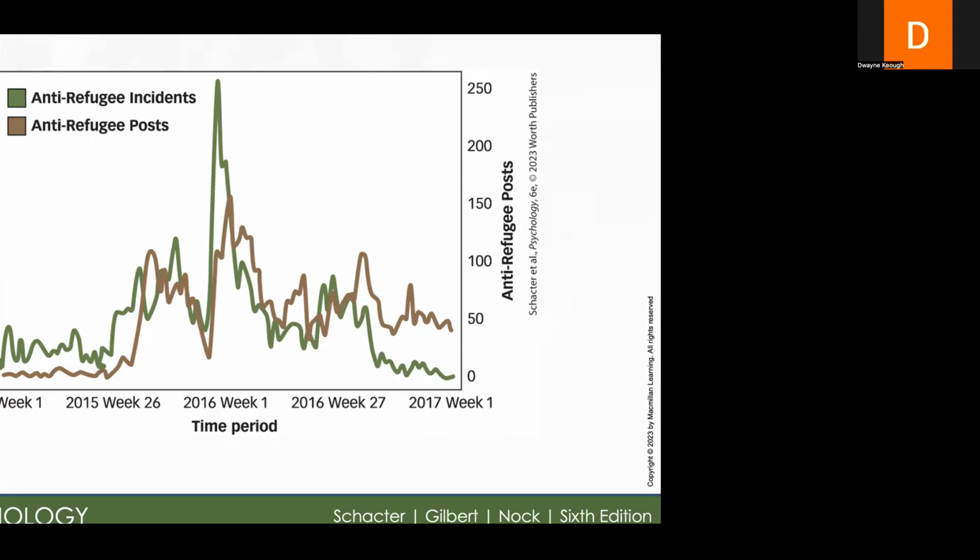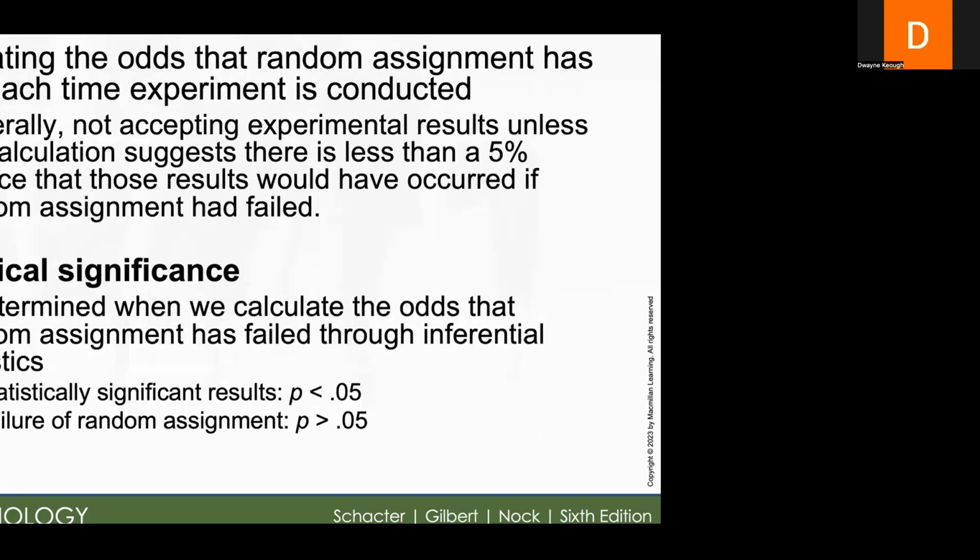I'd rather not dig into examples like this, but I think this one's pretty self-explanatory that it's not surprising to see when incidents occur that people are more likely to respond how they don't like refugees, for argument's sake. It's a contentious example because of what's going on politically right now. So I'd rather maybe leave this one just because it's complicated.